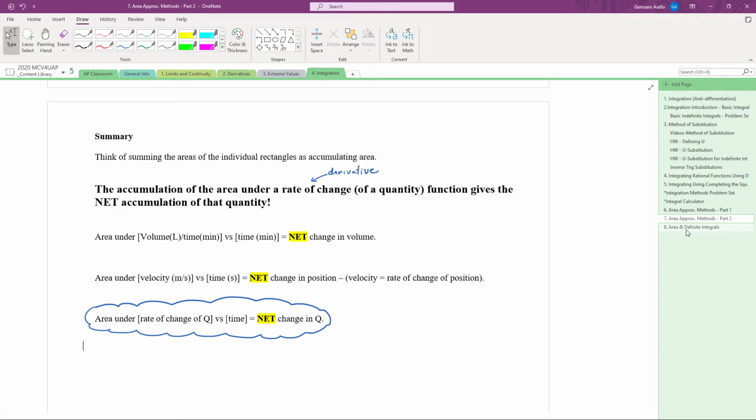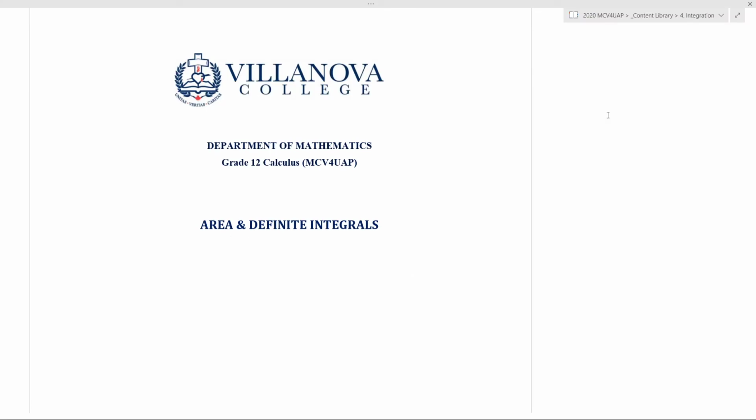And then after that, the lesson we just talked about was area under rate of change graphs. This lesson connects the two. So how is finding antiderivatives, or how is integration, related to the area under a graph?